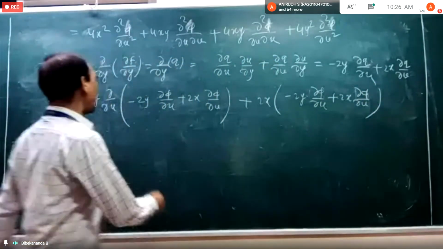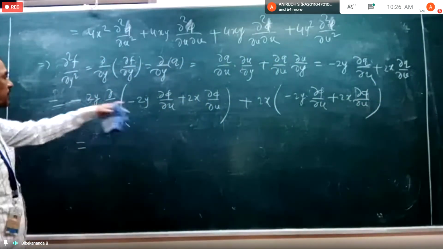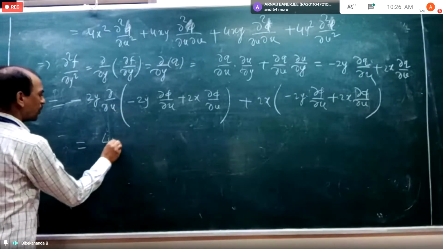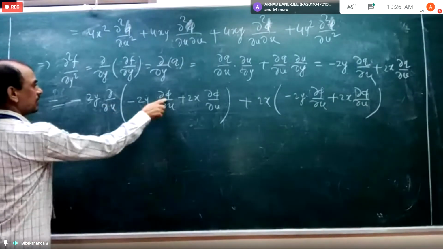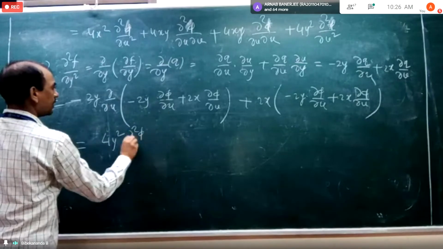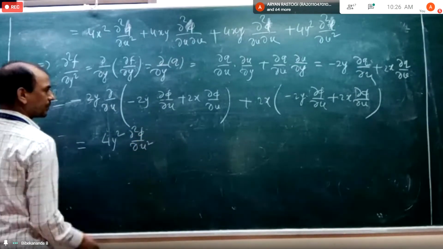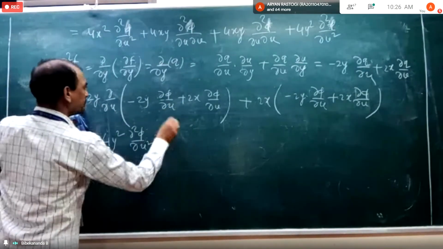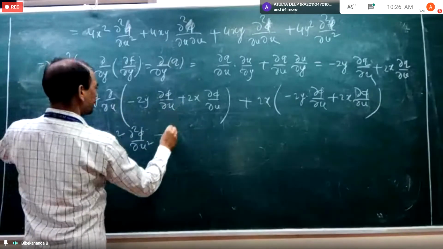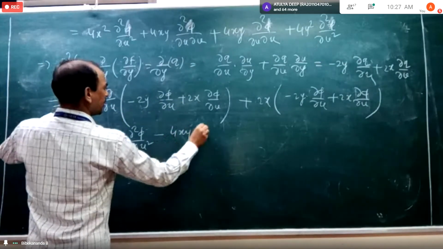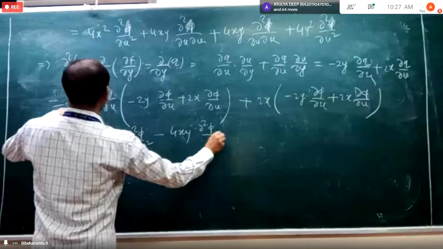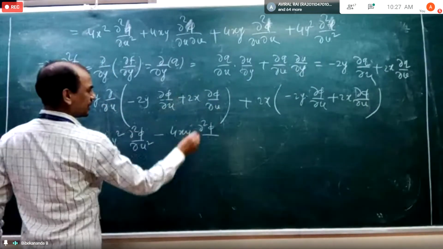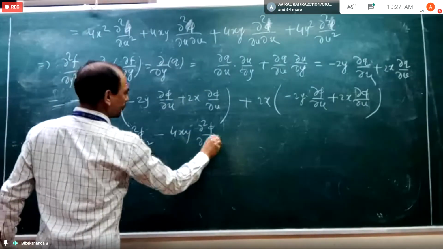Now you simplify it, what are you getting? Minus minus plus. So 4y² ∂²φ/∂u², and this one will be minus 4xy ∂²φ, here with respect to u, here with respect to v, so ∂u ∂v.